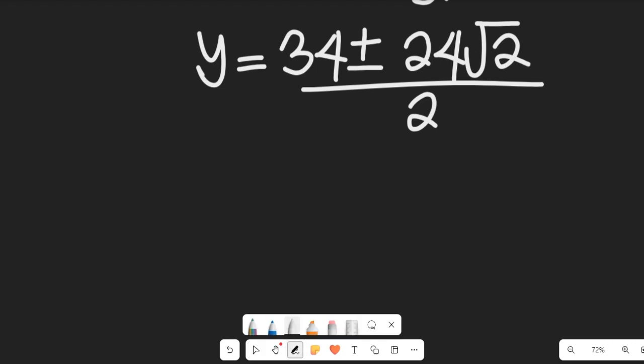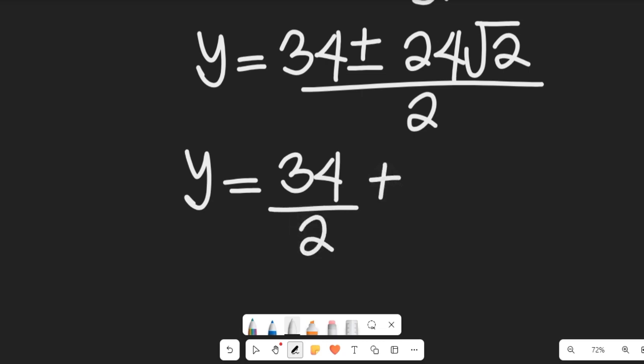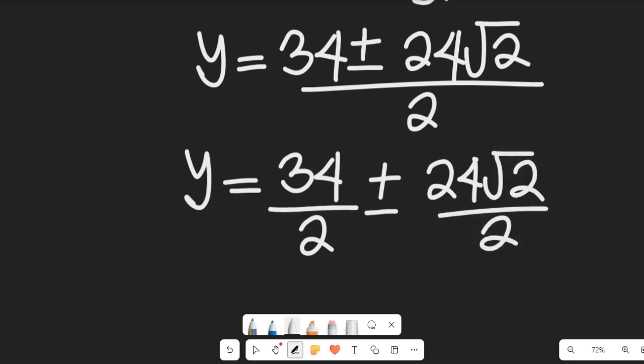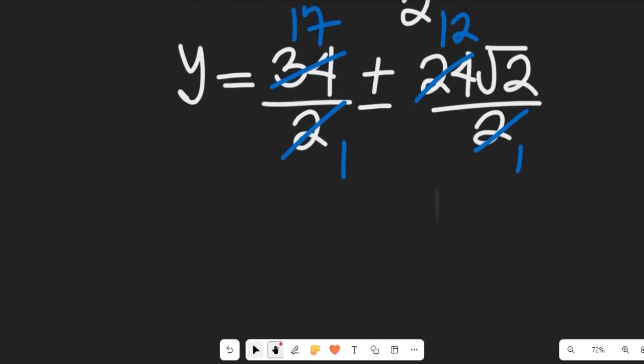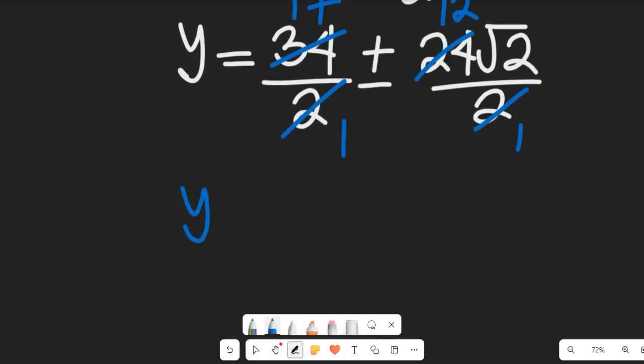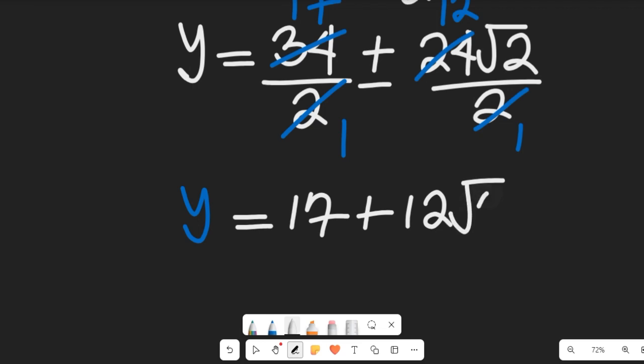We can simplify this to make our y equal to 34 divided by 2 plus or minus 24 root 2 divided by 2. The 2 cancels out to give us 17, and the 2 will cancel out here to give us 12. So the value of our y will be equal to 17 plus 12 root 2.